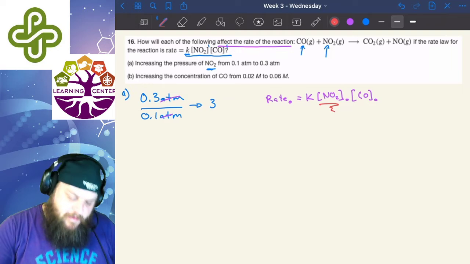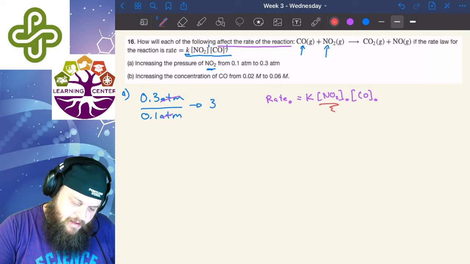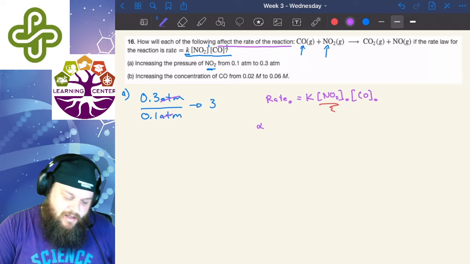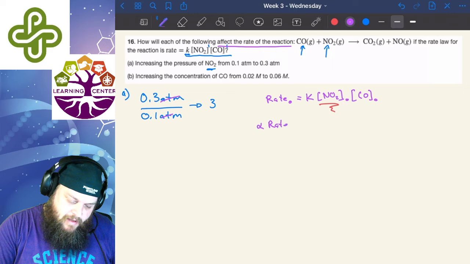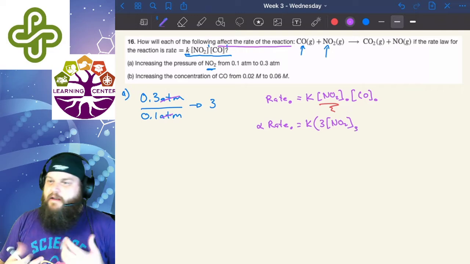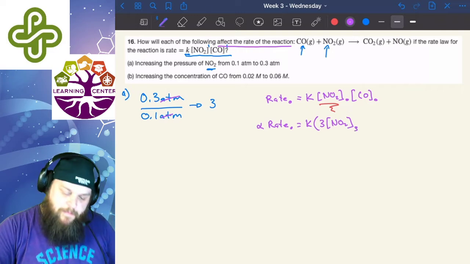I like to rewrite this equation as alpha, which is going to be my answer to how it's going to change, times my initial rate, is equal to K times, and I put parentheses here, 3 times the initial concentration of NO2, because that's what we're doing. We're multiplying that initial pressure by 3.